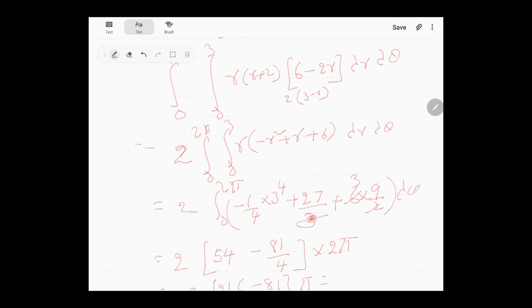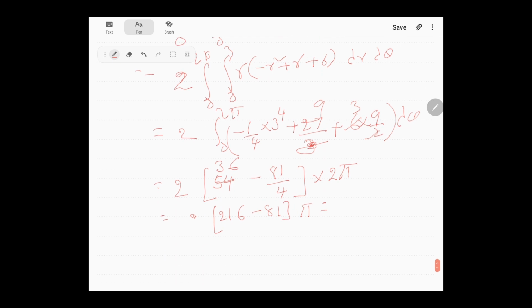Here it is 9, 27 by 3 is 9, 27 plus 9, 36. This is not 54, this is 36. So 36 into 2 times 4 times, so this will be 4 times 36, 144, minus 81, pi, that will be 63 pi.